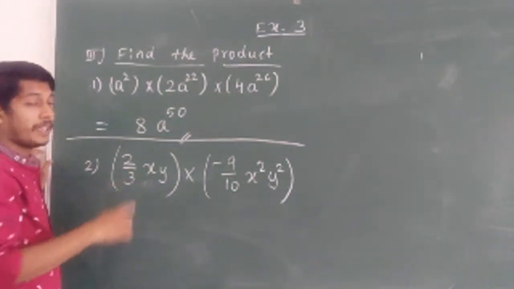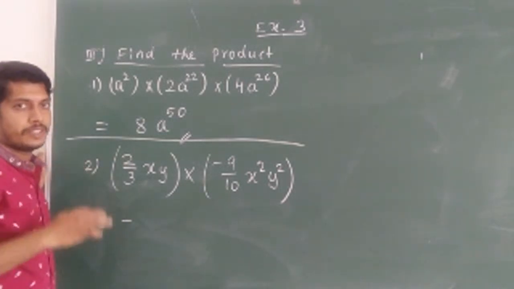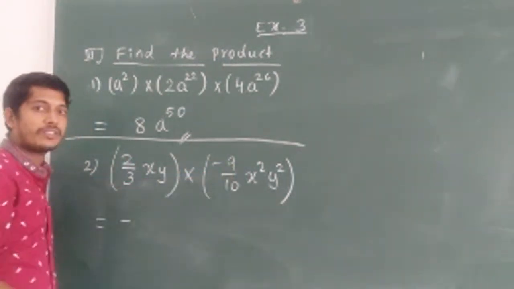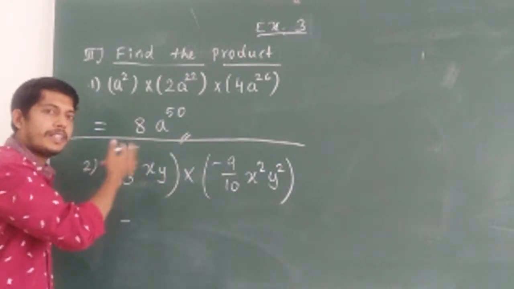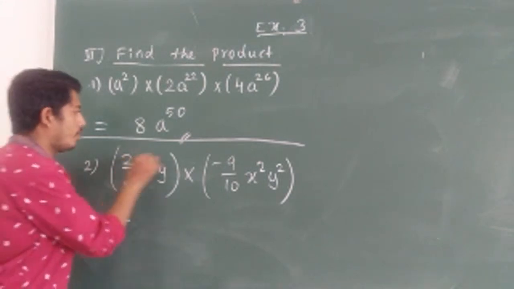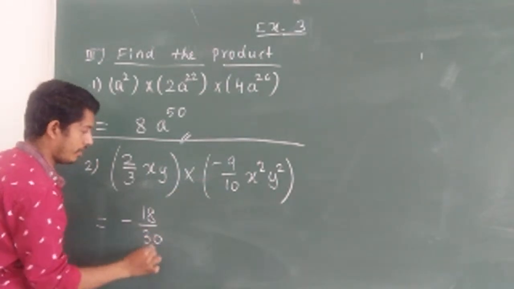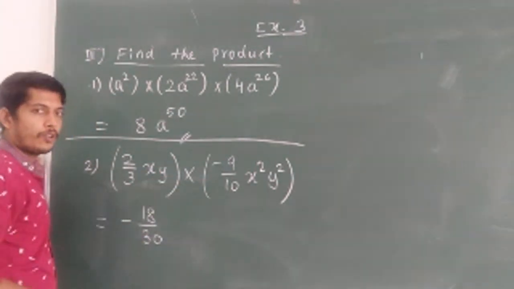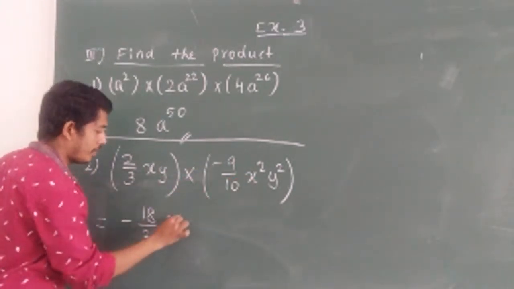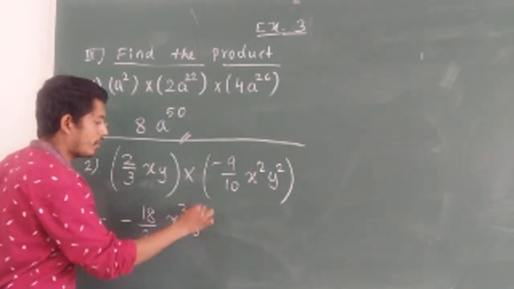Now we have to multiply the constant. First step is over, that is multiplication of sign is over. Now we have to multiply the constant. How to multiply the constant term? Here 2 by 3, here 9 by 10, that is fractions are present. That means we have to first multiply the numerator value, then we have to multiply the denominator value. 2 nines are 18, 3 tens are 30. Then next step we have to multiply the variables of same case. x into x square becomes x cube. y into y square becomes y cube.